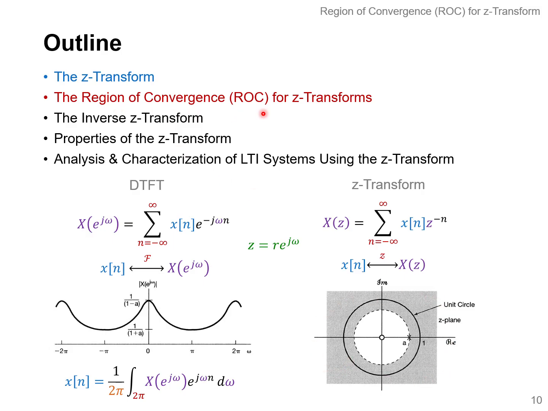The ROC tells us where the z transform is valid. It helps us see if a signal grows, decays, or oscillates. Next, we look at how the ROC affects the way we analyze signals.